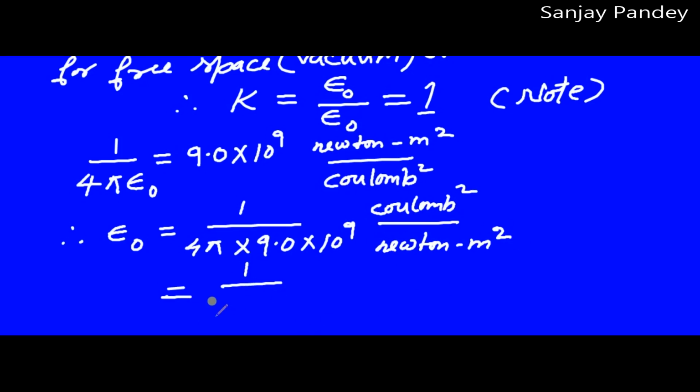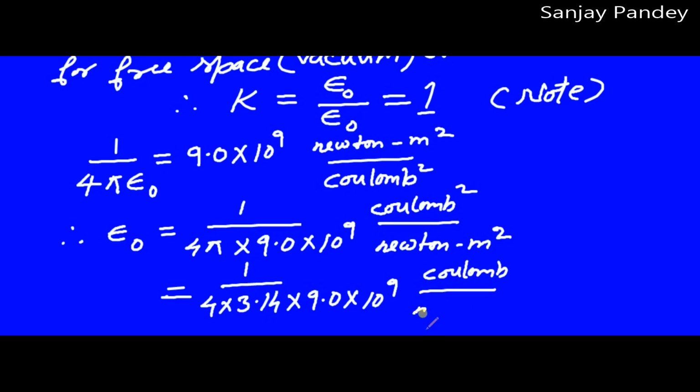1 upon 4 into 3.14 into 9.0 into 10 to power 9 Coulomb upon Newton meter square.